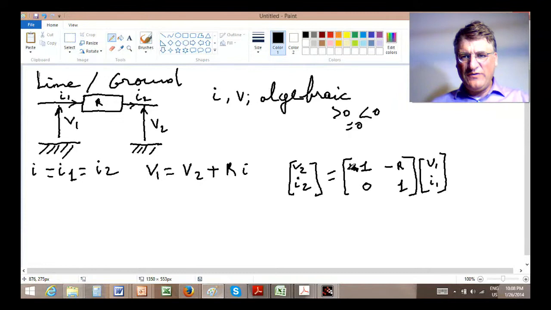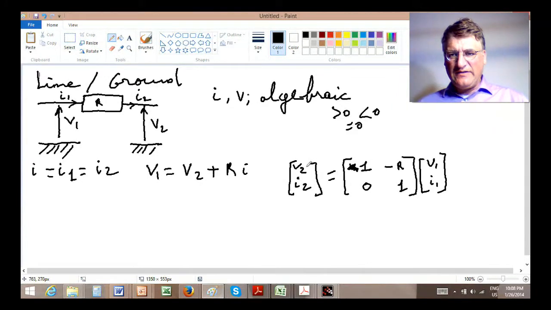And so what you see is that V and I are sort of the core variables through which we describe the behavior of the resistor. This will remain true for other elements as well.